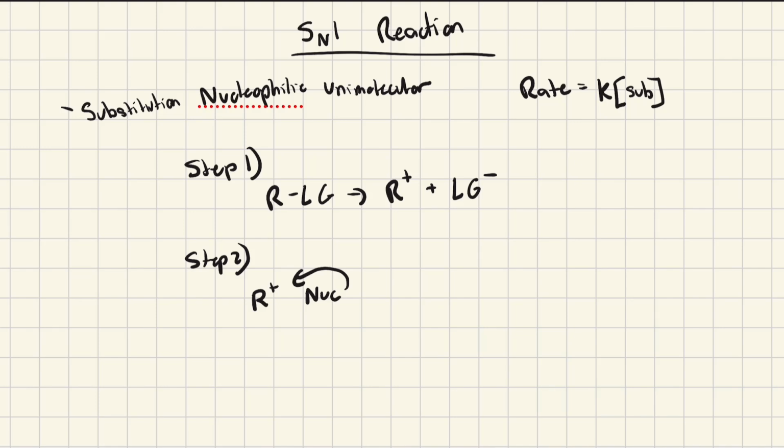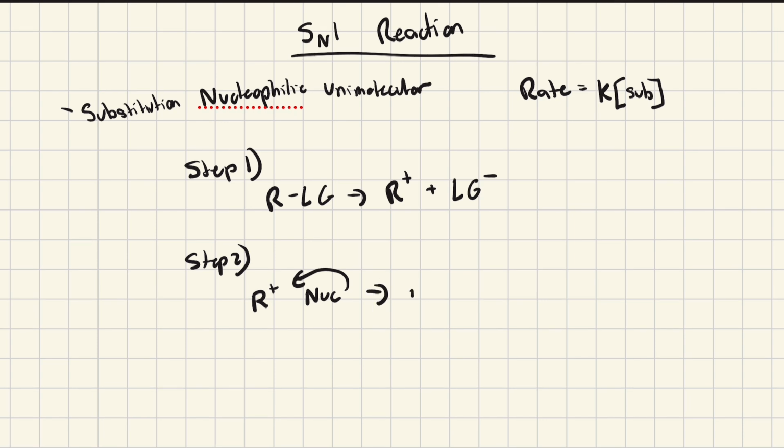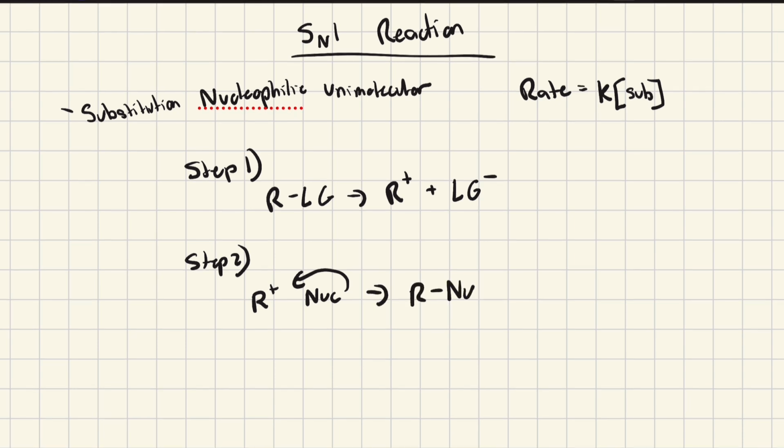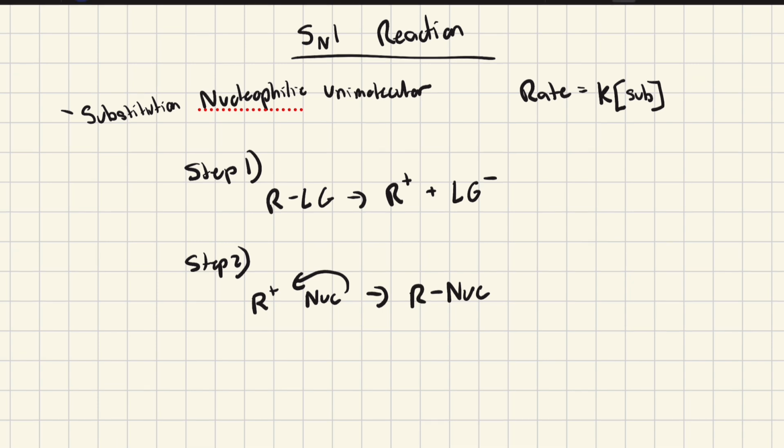So they're looking to bond with someone. When these two combine, we're just going to get a neutral molecule of our nucleophile and our hydrocarbon. The first step, step 1, is our slow step. It's rate determining. Our second step happens fast because we want to stabilize once we get that carbocation.